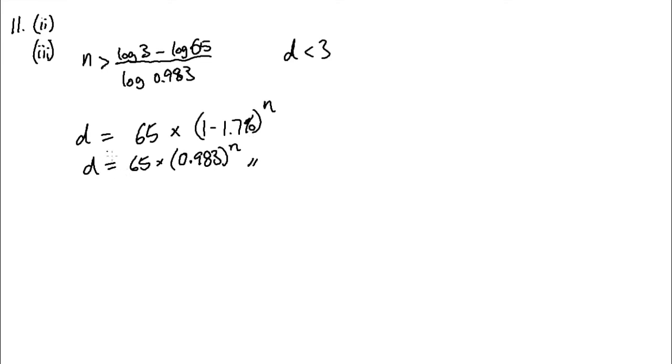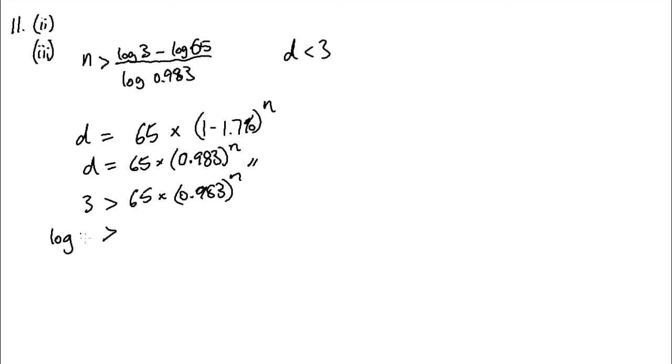That's 1 mark. And now part 3, I need to show this when D is less than 3. So let's do that. D is less than 3, and therefore 3 is larger than this entire expression. And since for this one we see them use log, let's just take log base 10 of everything.